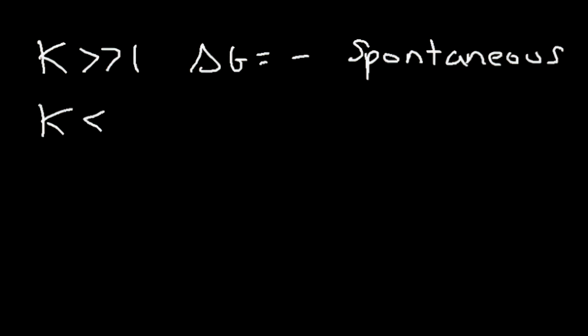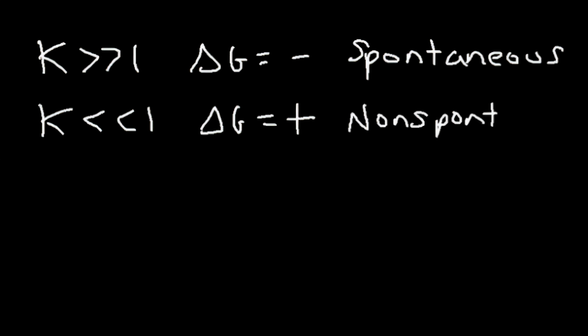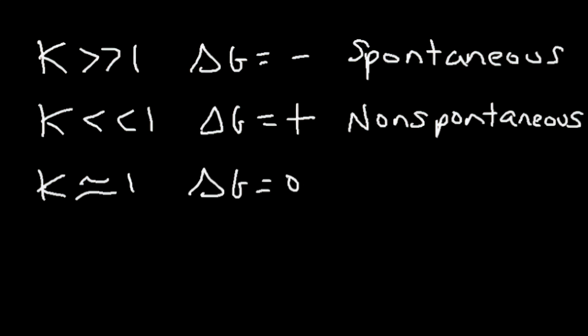When K is significantly smaller than 1, like 0.0001 or like 10 to the negative 8, if it's very close to 0, delta G will be positive, and therefore it's going to be non-spontaneous in the direction that is written. So as it goes from left to right, it's non-spontaneous. And if K is approximately 1, typically delta G is approximately 0, and the system is at equilibrium.